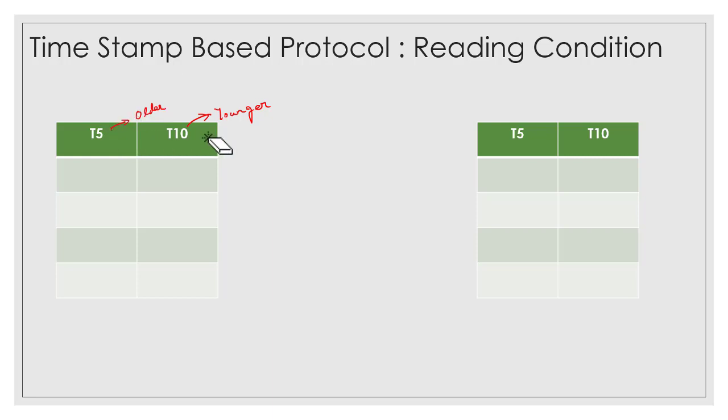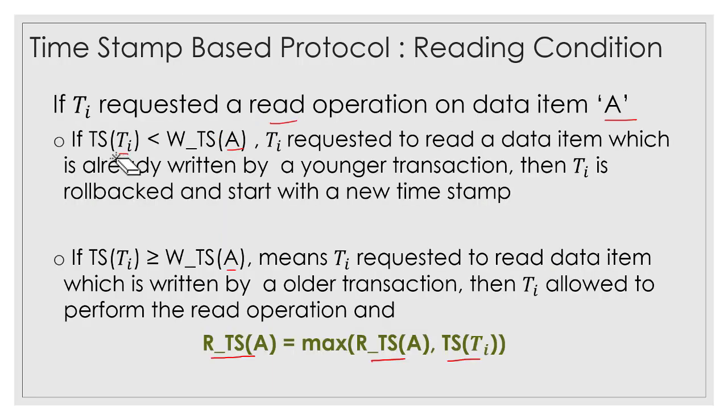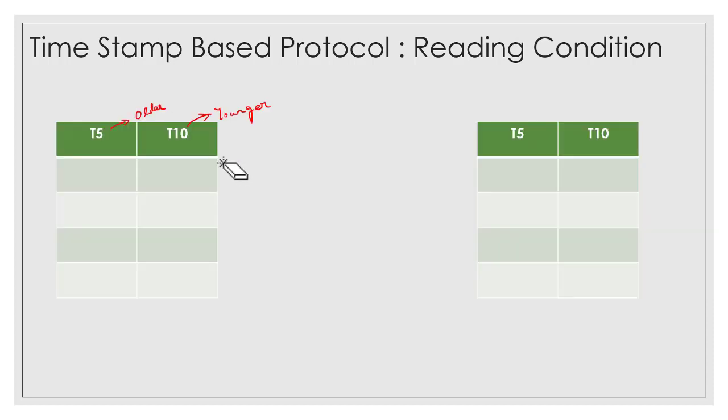The first condition says that the timestamp of transaction Ti is less than the write timestamp of the data item A. So this means that transaction 10, which is the younger transaction, has performed a write on data item A. That is why the WTS of A will now be 10, as we know that the write timestamp holds the largest timestamp of the transactions.